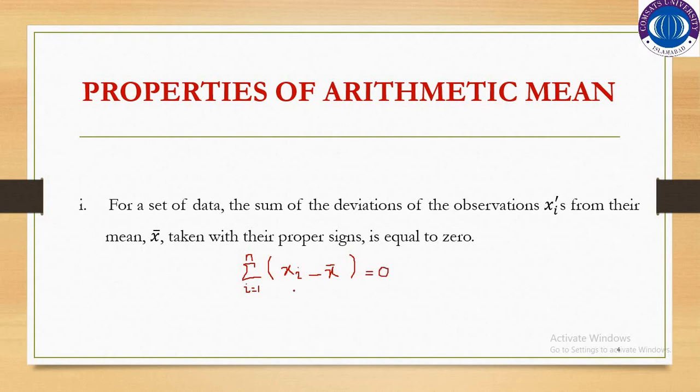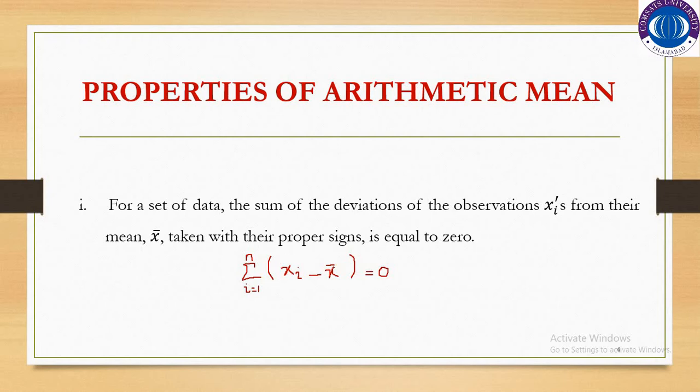Whenever you take the deviations of each observation from its mean and then take the sum over those deviations, the answer will always be equal to 0, because the mean is the measure of central tendency. This is the arithmetic mean, and this is usually the midpoint of the data, or the point of the data in which all the values realize.